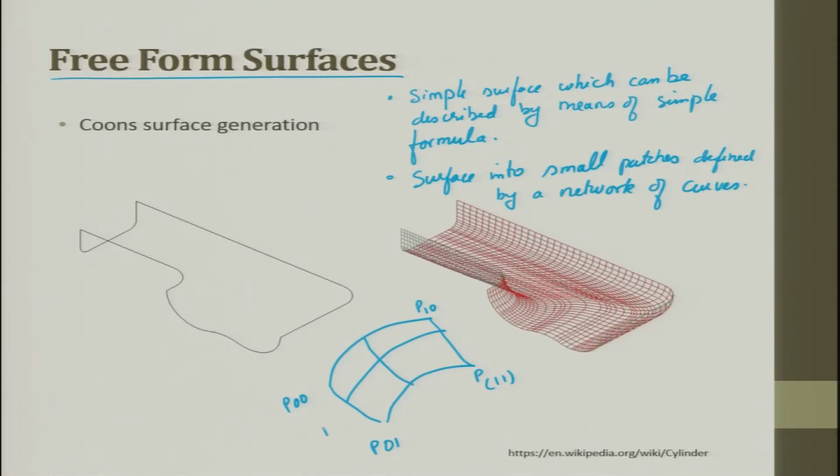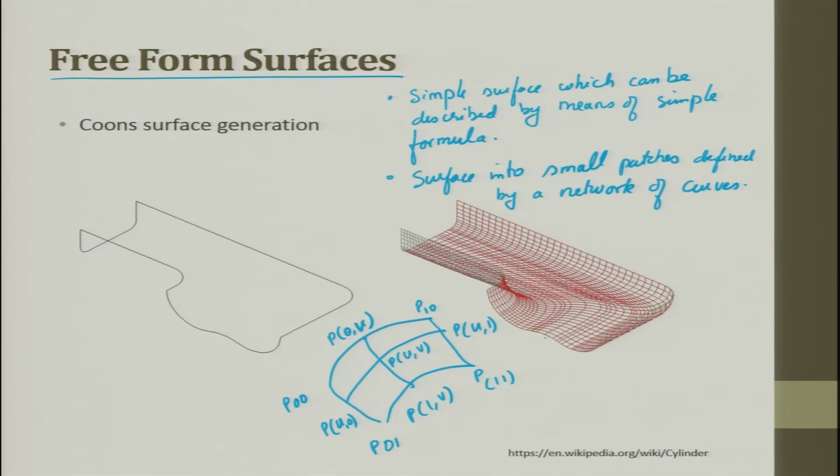For example, here you can put it as PU0, PUV, and then you will have P U comma 1. So, you have now discretized this patch into several small points, and then you are trying to represent those points. So, this is a Coons surface.